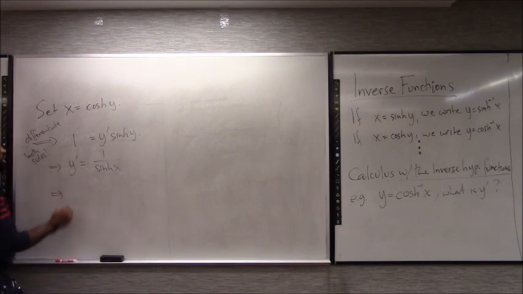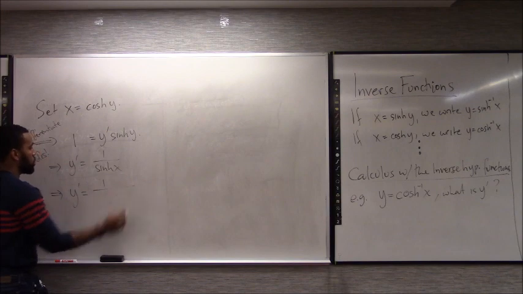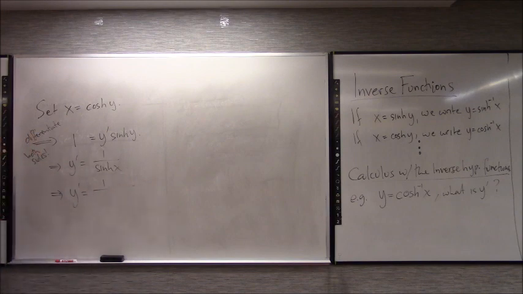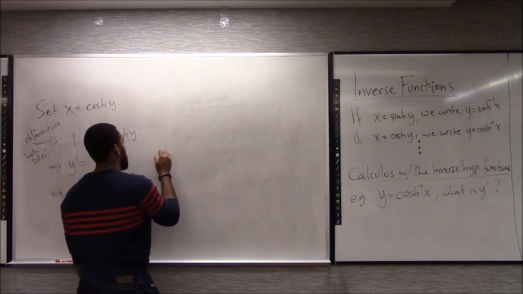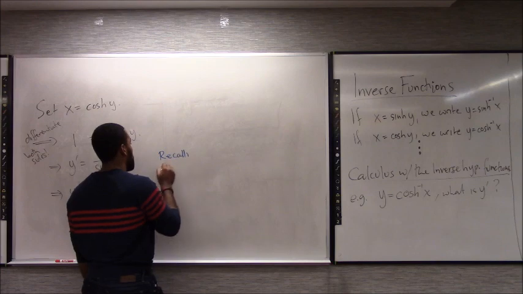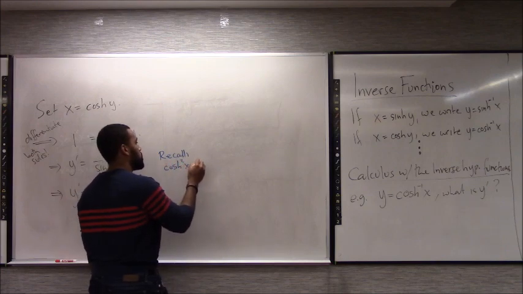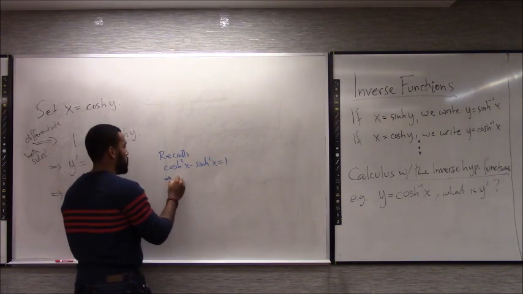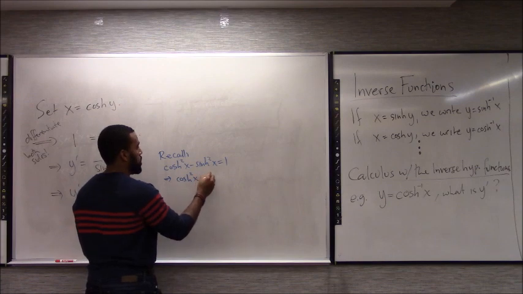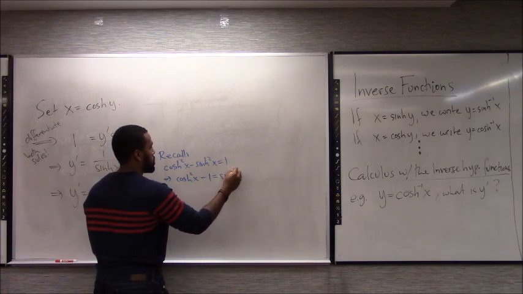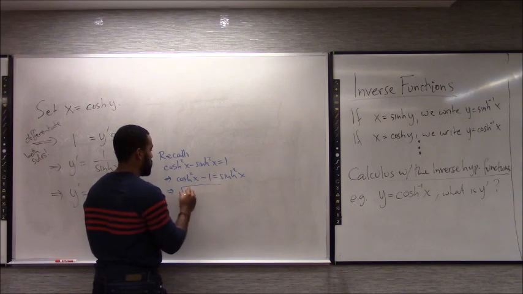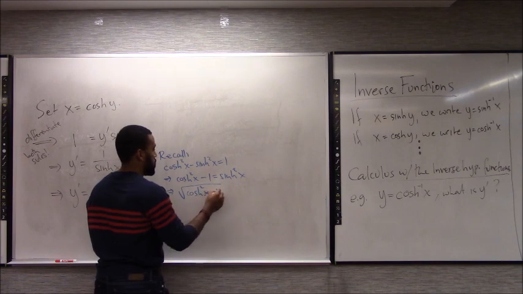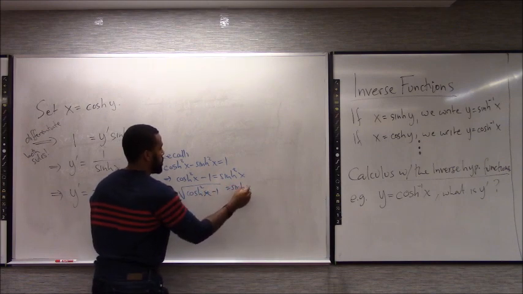Well, because I know that cosh squared x minus sinh squared x is 1, this means that cosh squared x minus 1 equals sinh squared x. And so I can take the radical of cosh squared x minus 1 to get the sinh.